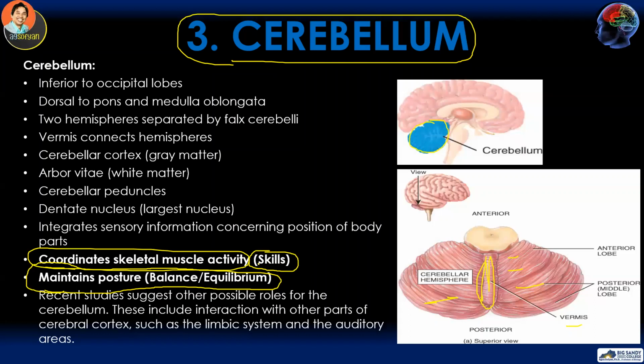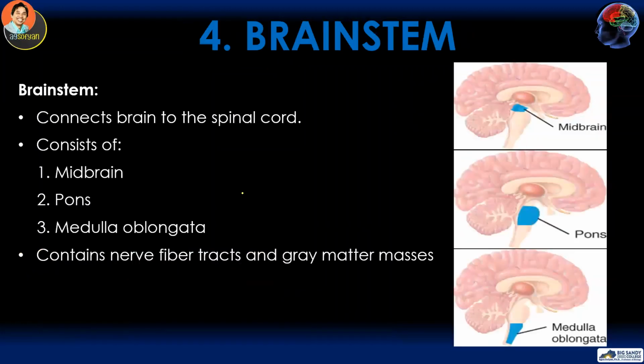If that connection is damaged by the bacteria, then that person will not be able to walk correctly. So they're walking like people that are drunk. Okay, so this is the cerebellum function.